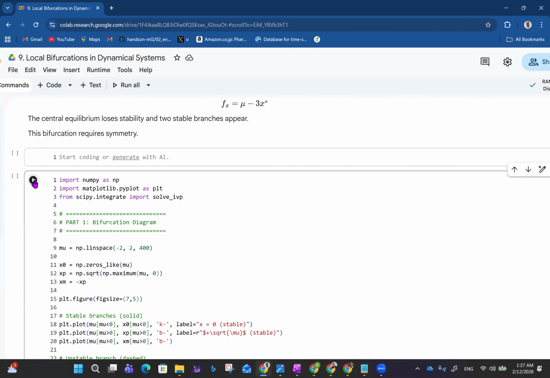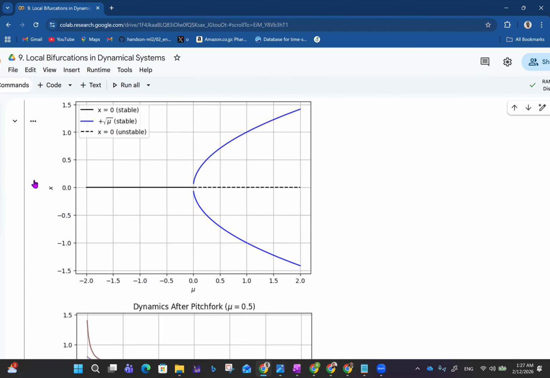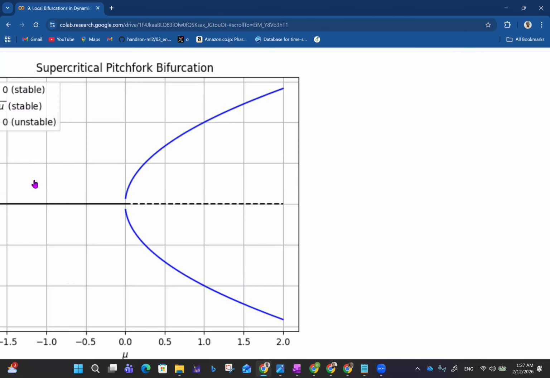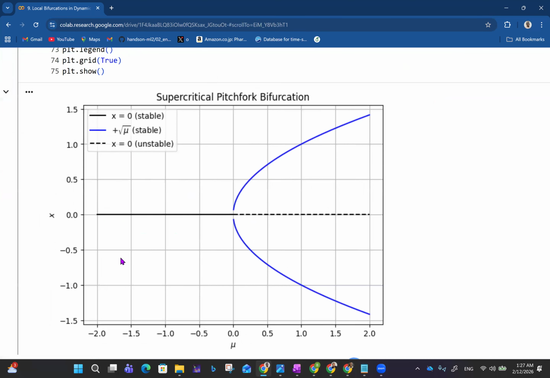If you're interested in the code, you may want to look at it a bit more closely. But when we run that, these are the kind of things we get. First of all, we have this supercritical pitchfork bifurcation. So you see that along this line, x equals zero, you have stability. But then when it gets to this point, 0, 0, right?